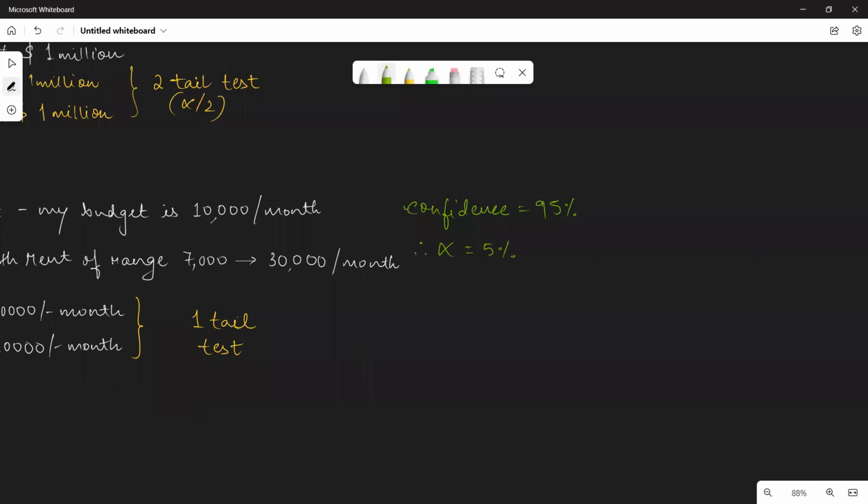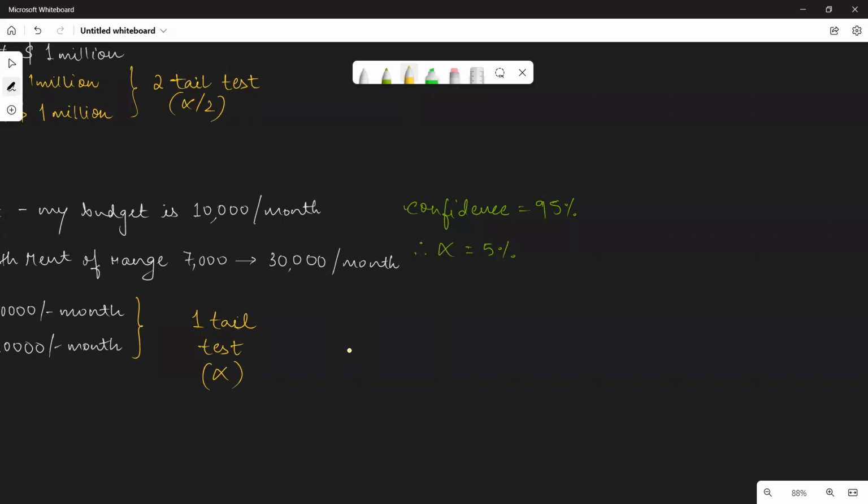Now, because it is a one-tailed test, alpha remains as it is. Till now, we have not understood whether it is going to be a left-tailed or a right-tailed test. But whatever the case, you will not have to consider the alpha by 2 value. You have to consider the alpha value only because it is a one-tailed test. Till here things are fine.